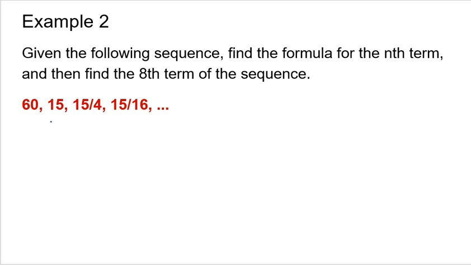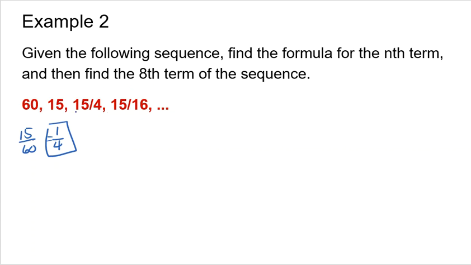So again, just divide any two consecutive terms. So take 15 divided by 60, and 15 divided by 60 is 1/4. So it looks like that's my common ratio. I'm multiplying by 1/4. 60 times 1/4 is 15. 15 times 1/4 is 15/4. 15/4 times 1/4 is 15/16. And you start to see the pattern develop pretty quickly.